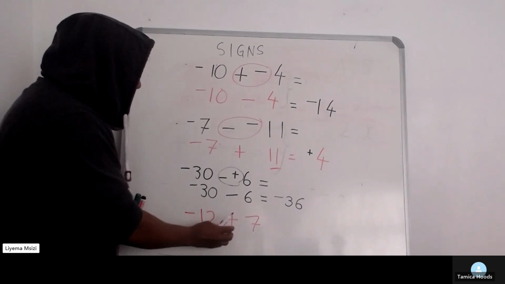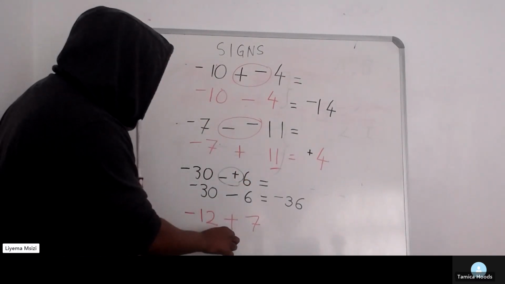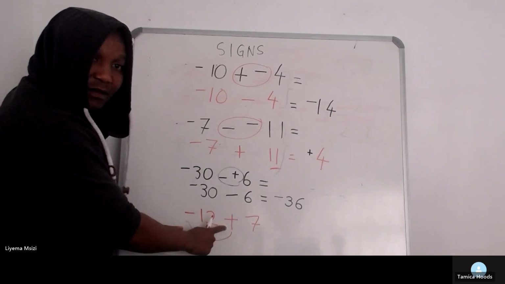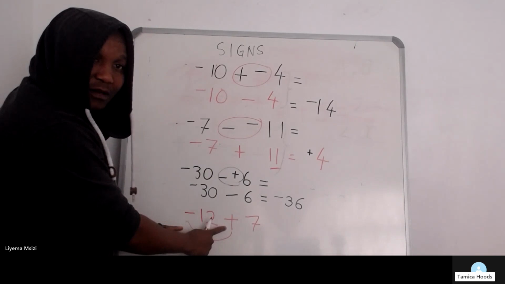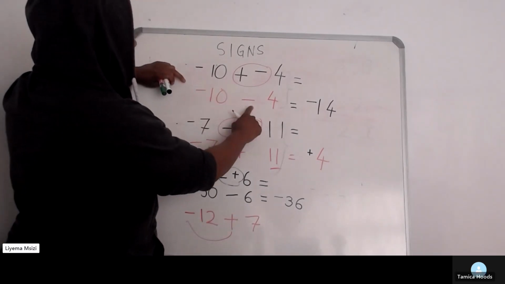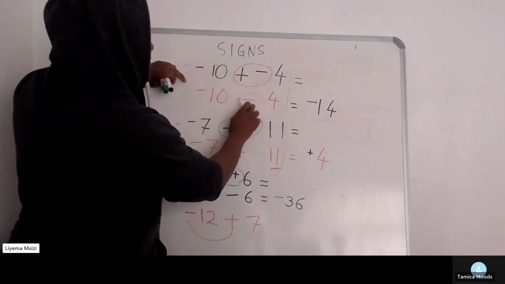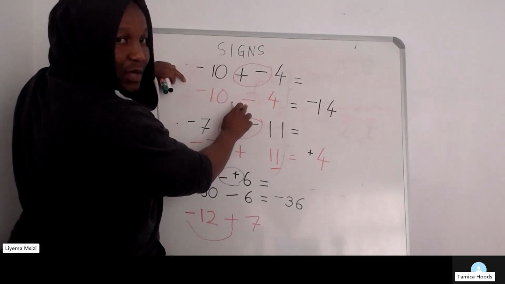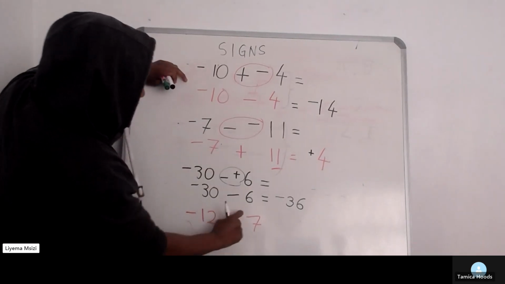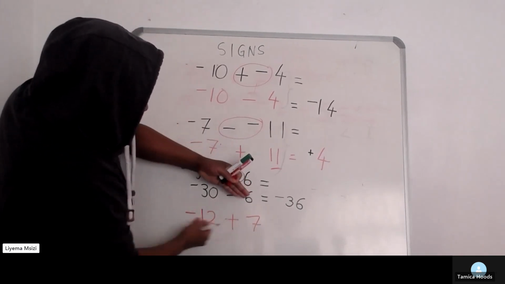But here they have already given only one sign. So I don't have to say there are two signs here. They must break down and give me one sign.